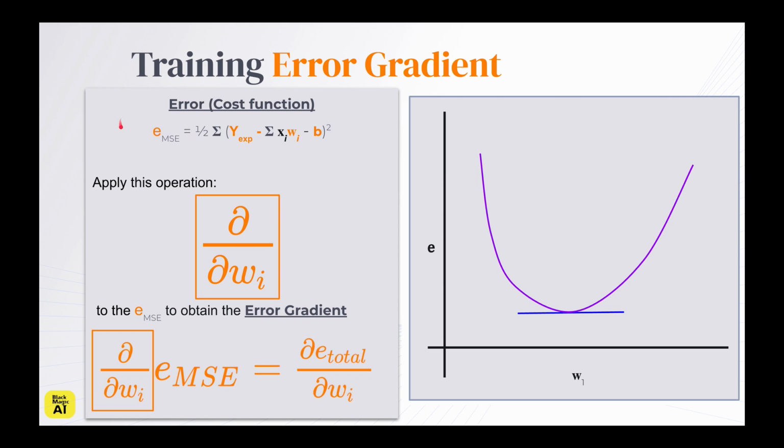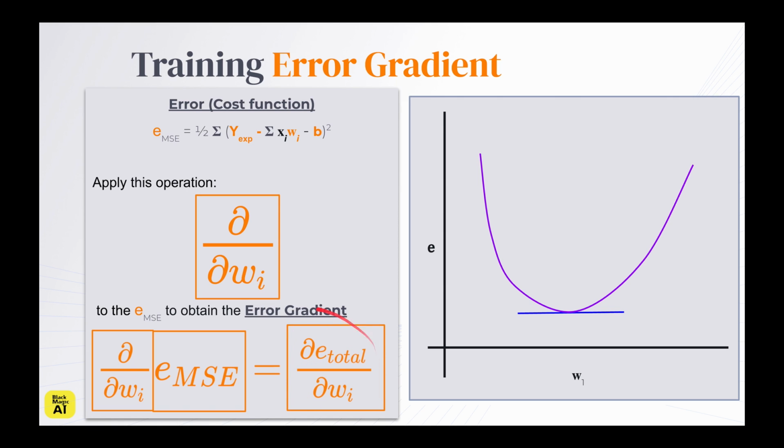to the error function, which is represented here, which we discussed previously. So once this operation is applied to our error function, the tangent blue line direction or slope is represented by this symbol, which is the error gradient.